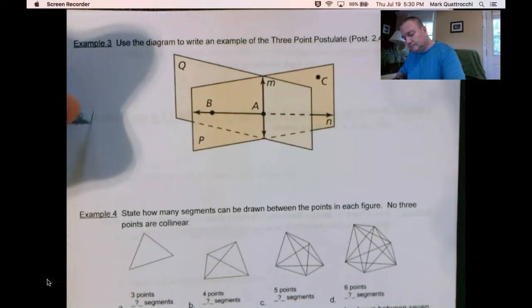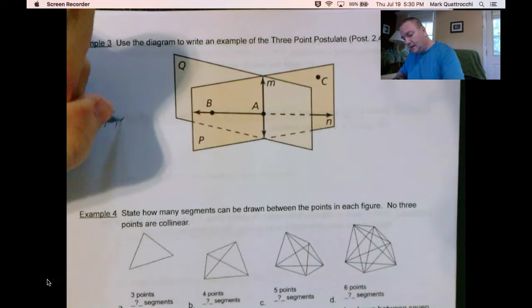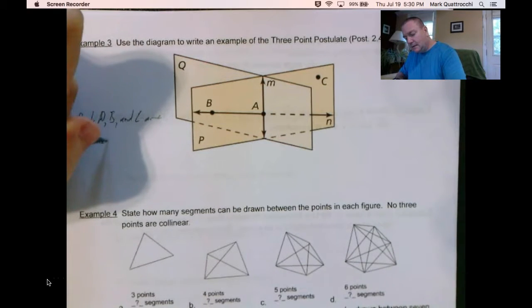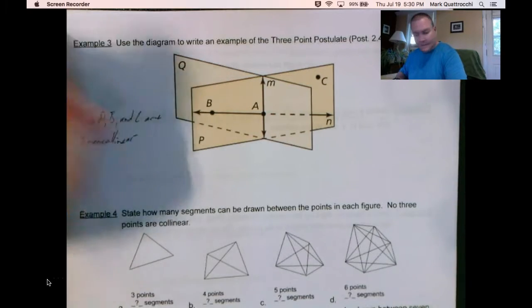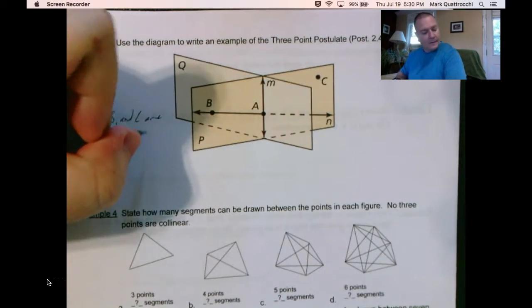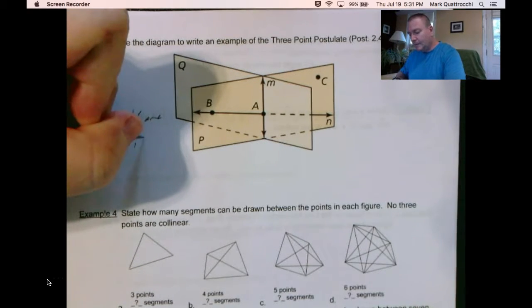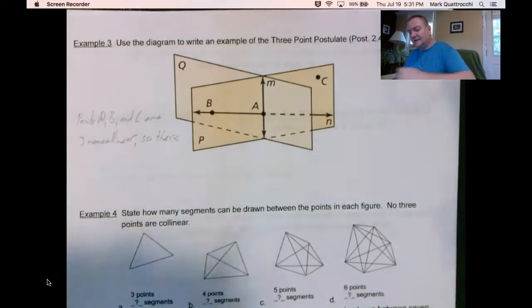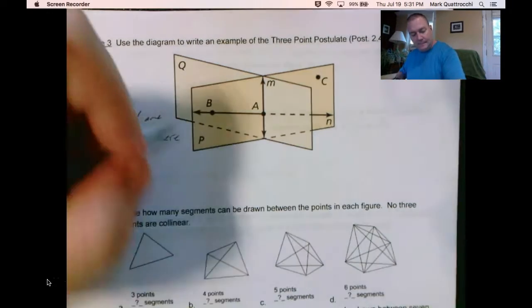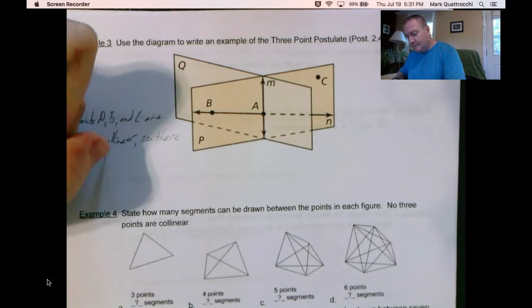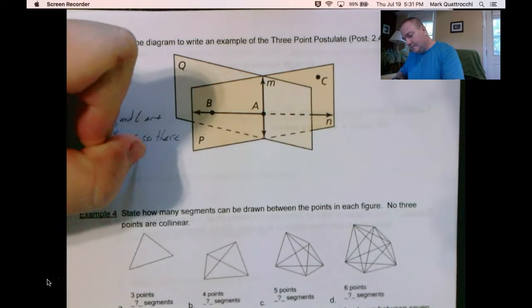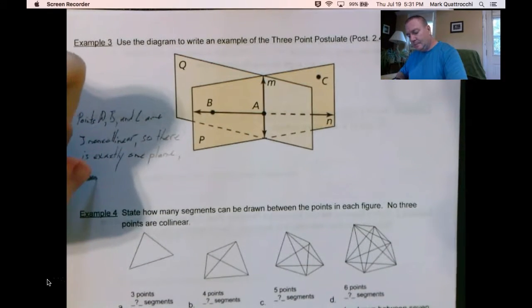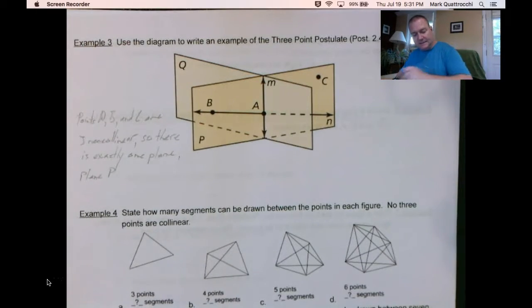So points A, B, and C are three non-collinear points, so there is exactly one plane, in this case plane P, that contains them.